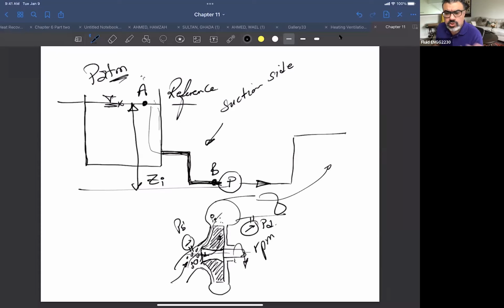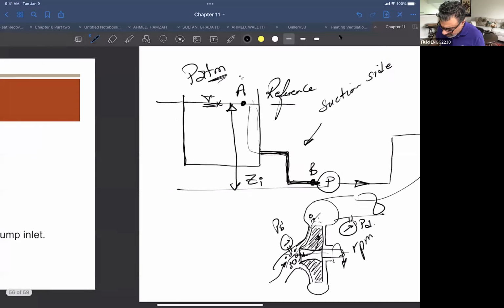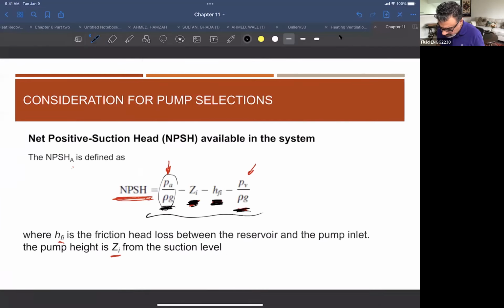So in order to avoid this cavitation, you have to make sure that this total value, which we call the net positive suction head, available from the system, is greater than what is required by the pump.